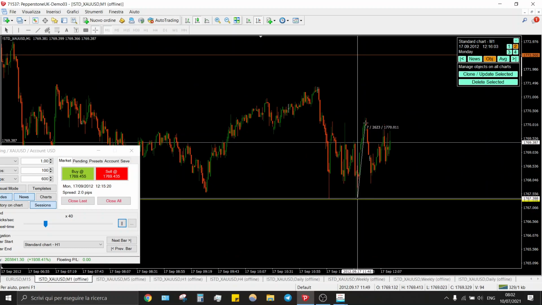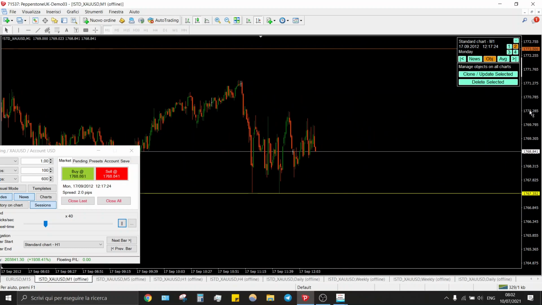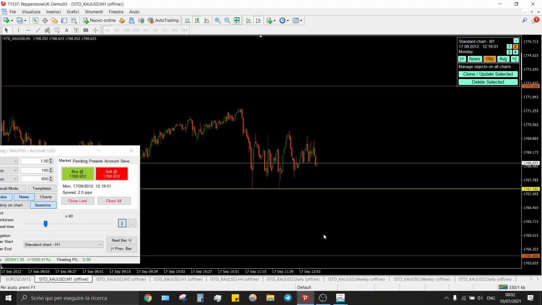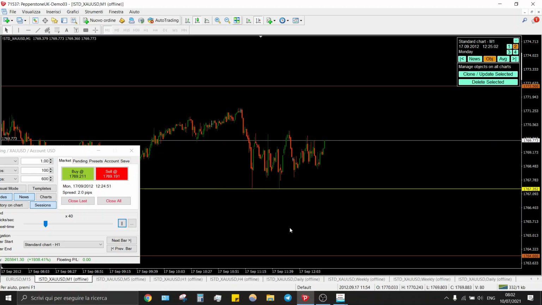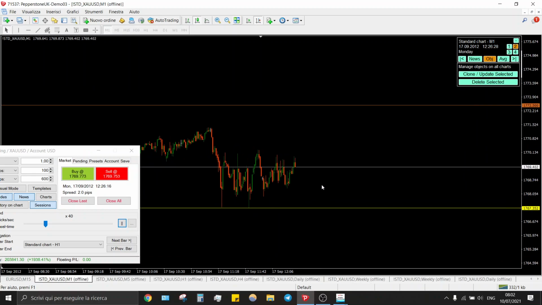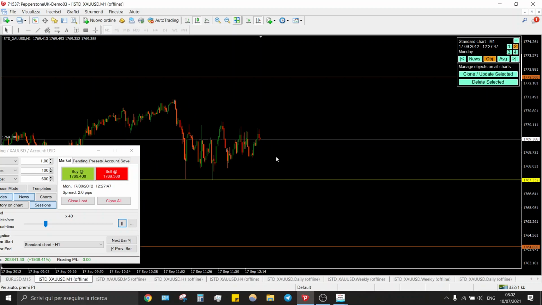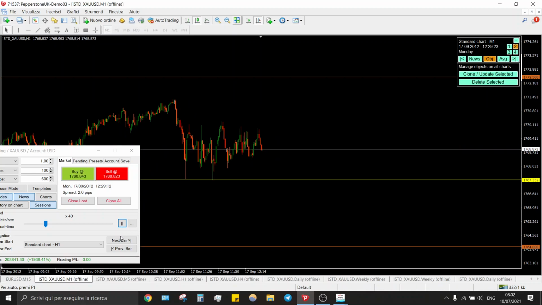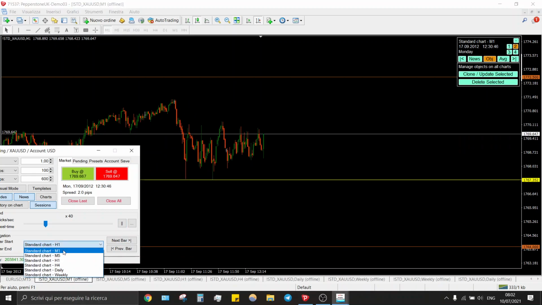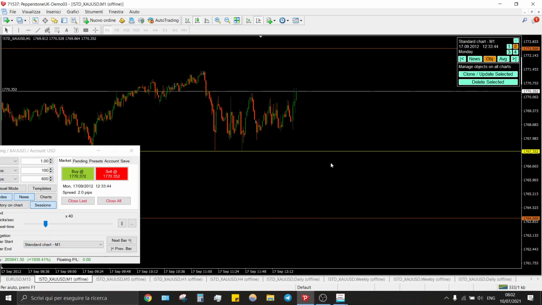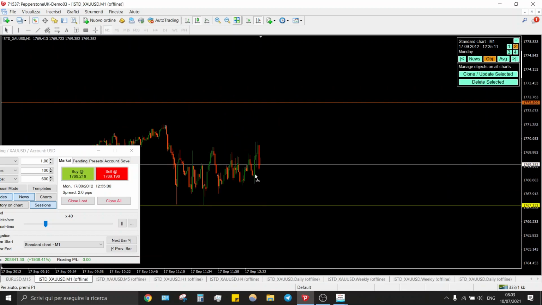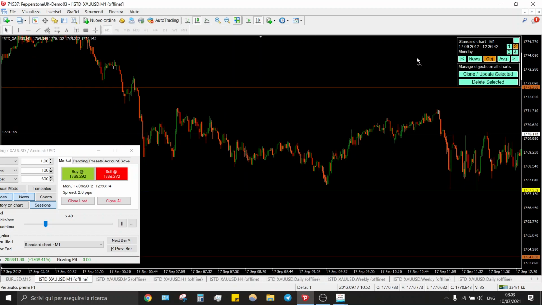Also, we could have spotted this double bottom, but let's let it run. Okay, now safe sells will only be below this level, safe buys only above the key level.